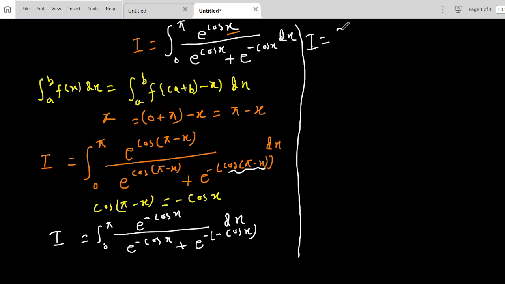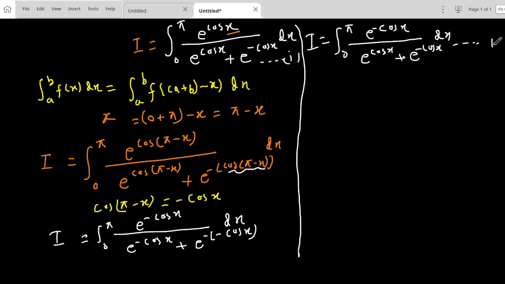So I is equal to the integral from 0 to pi of e to the power minus cos x upon e to the power cos x plus e to the power minus cos x dx. This we can consider as the first, and this we will consider as the second. Means before applying the property, whatever we have, we consider as the first, and after the property, whatever we have, we consider as the second.